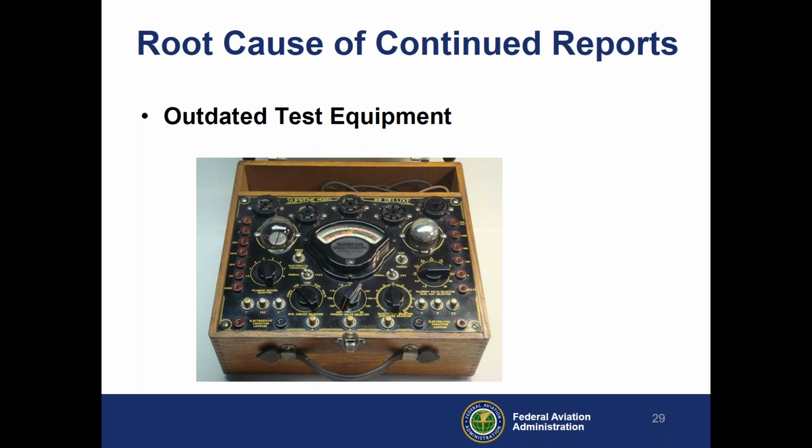Another reason is outdated test equipment. The old ATC 600 is just not going to work for testing these modern systems. Some of the older test equipment, I don't believe, is compatible with the new couplers either. Is that correct, Kerry?